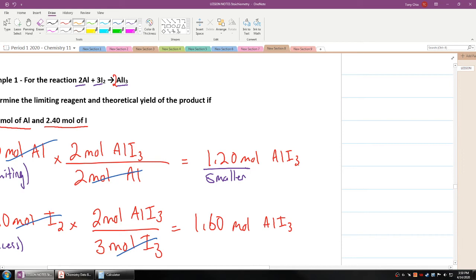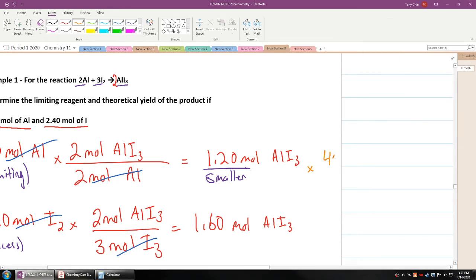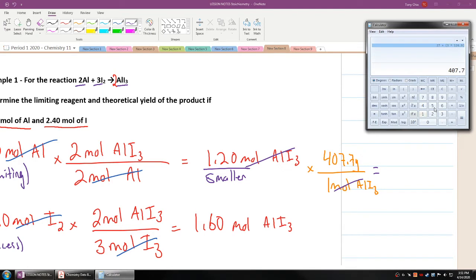So you take the moles and multiply by 407.7 grams per 1 mole of aluminum iodide. That should give you your theoretical yield of aluminum iodide.